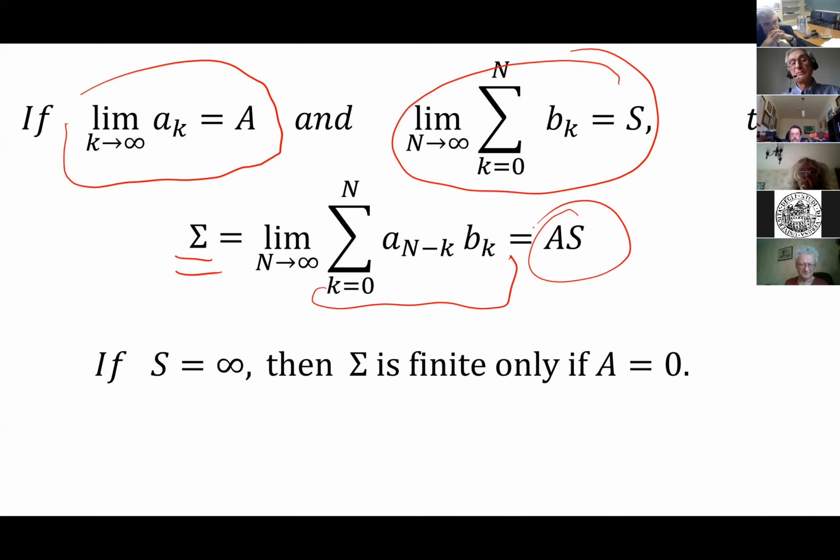This is one theorem, and I will show approximately how it can be proven. And the second one is that if S is infinite, then the only way in which sigma is finite is when A is equal to 0. Okay. And this is the basis for the proof.